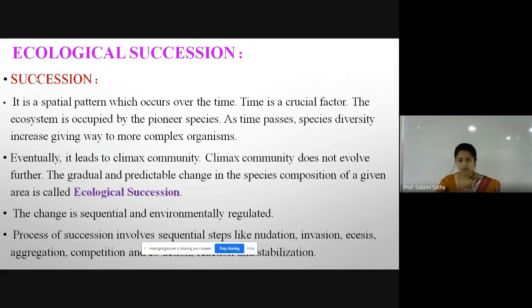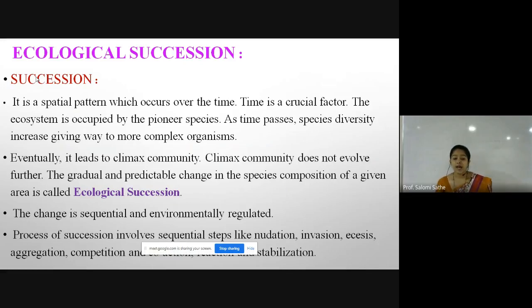Climax is the last stage. The climax community does not evolve further. The last stage of the community or ecosystem, that is the climax community, does not evolve any further.